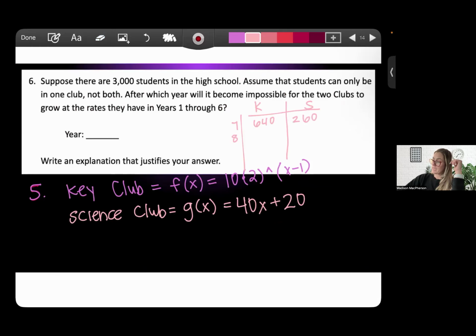And then in year 8, we're going to double again. So we're going to have 1280 here. And this is going to increase by 40, so we're going to have 300. Year 9, this is going to double, so we're going to have 2560. Let me double check my math.